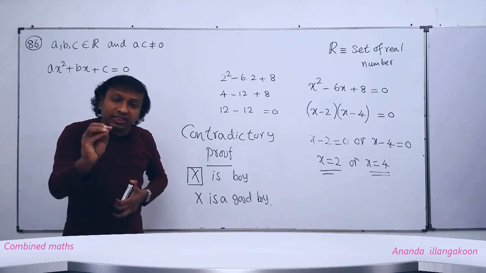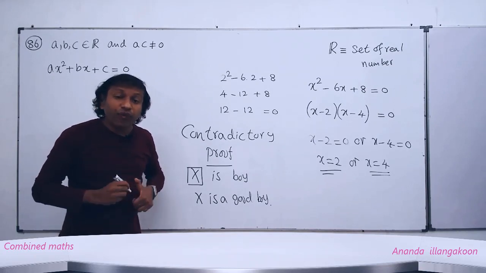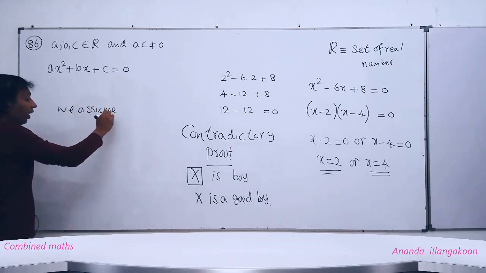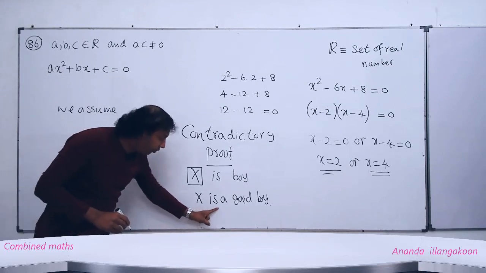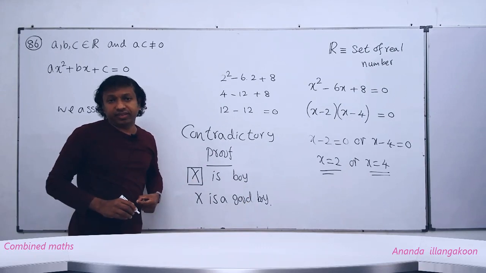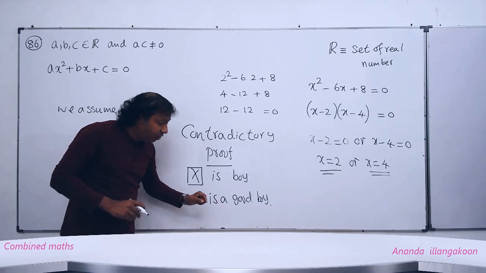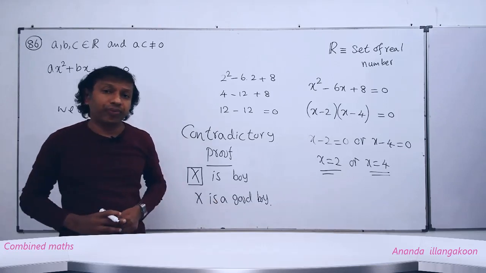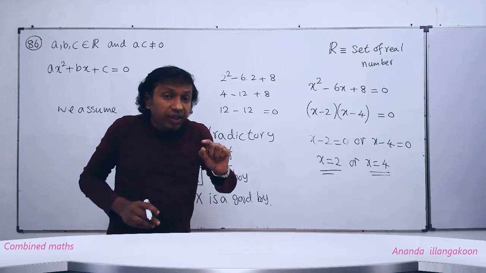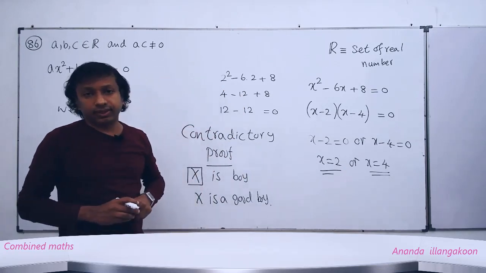X is a good boy, that's what we need to prove. Under this contradictory proof, we make an assumption: the opposite of what we need to prove. What is to be proved? X is a good boy. But under this contradictory proof, people, we assume exactly the opposite of what is to be proved as correct.